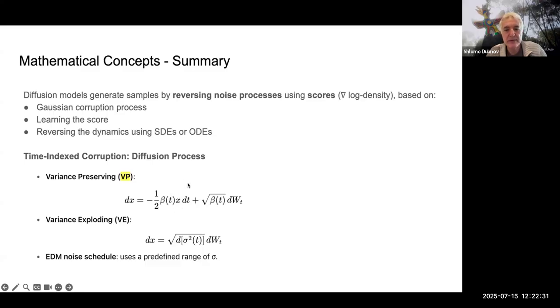But like in the variance preserving, we do have our original data here, while in the variance exploding, all we do is just move towards the noise, where this is the Wiener process, the capital dW, and this is how the trajectory is shifted.